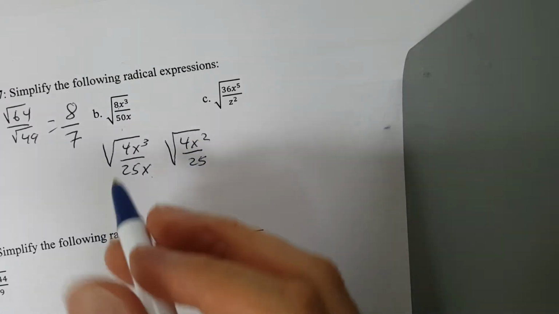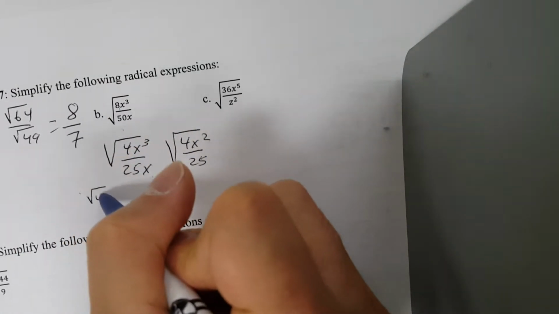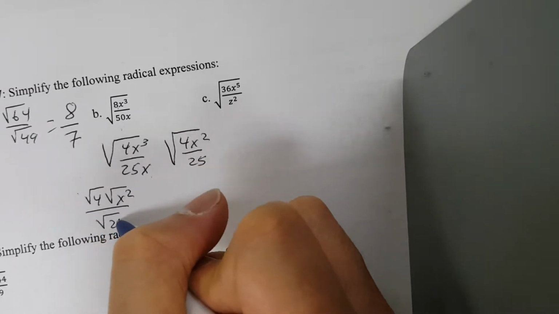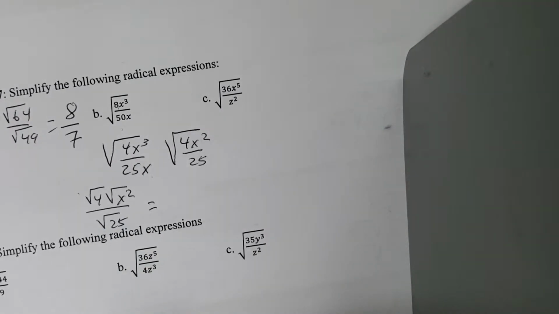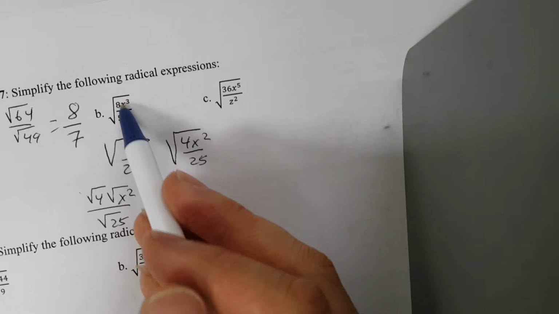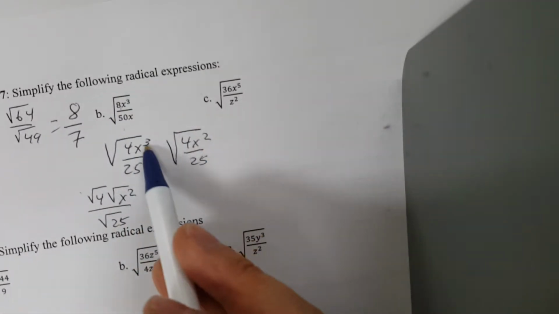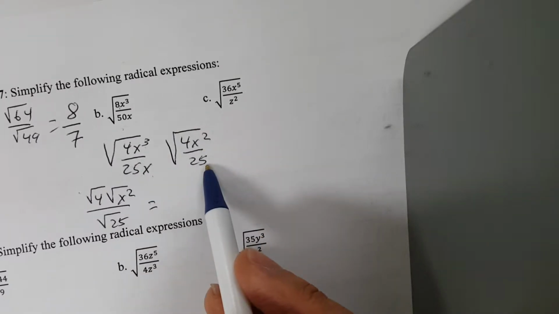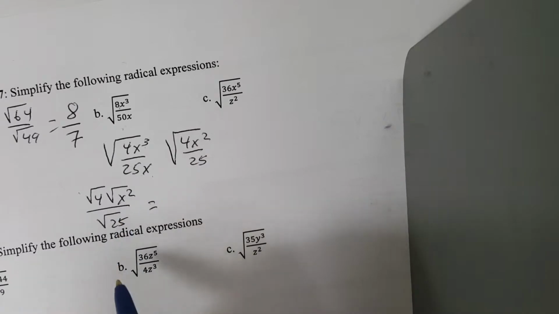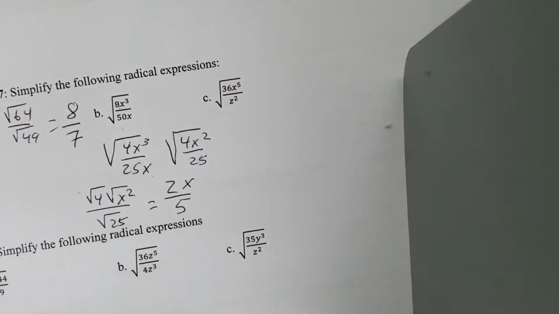And now it is just, on the top, square root of 4, square root of x squared, over square root of 25. Okay, make sure you understand what happened here. What happened was I divided each by 2 to get this. Then I subtracted the exponents. And then now I'm just going to take the square root of the top and the bottom. So the top is just 2x, the bottom is 5.